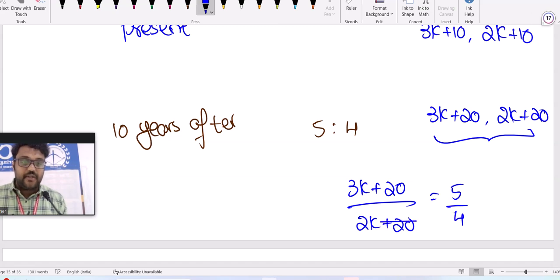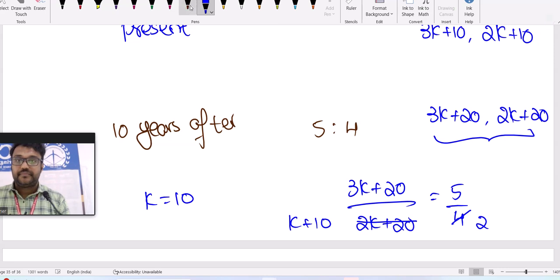You can take 2 common here, K plus 10 equal to, here dividing by 2, 6K, 5K. I'll get K equals 20 into 2 is 40, 5 into 10 is 50, so K value 10 you will get. From this you are getting K value 10.